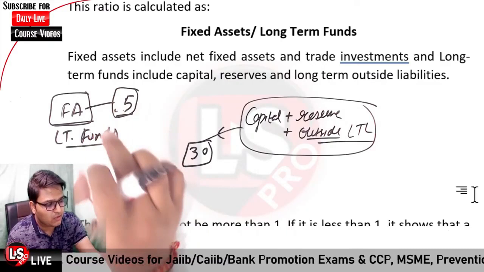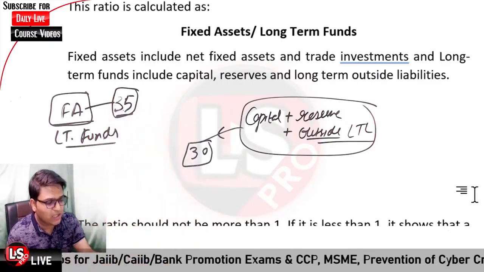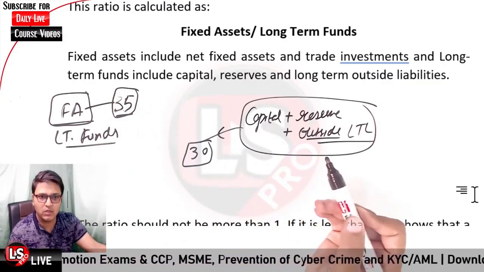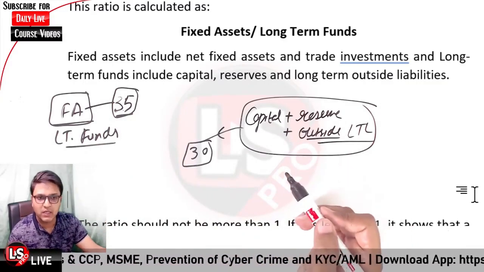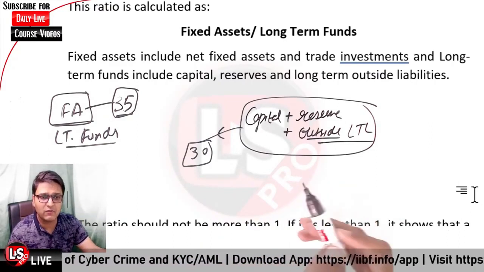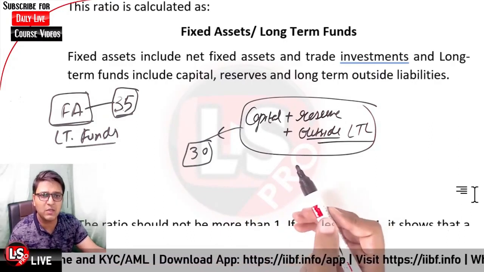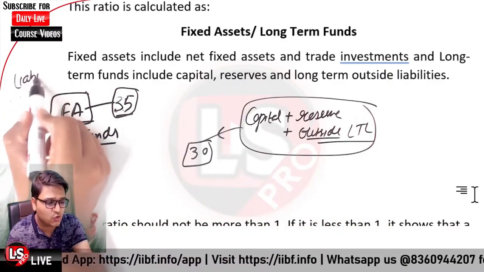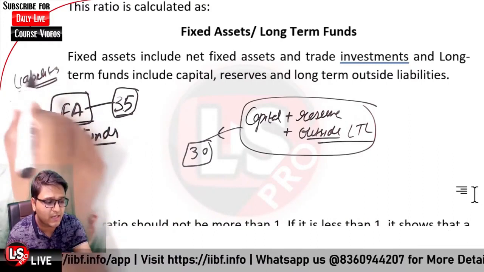What if fixed assets are equal to 35 and you have long-term funds of 30? What does it mean? It means that you have consumed your short-term liabilities, because we know that liabilities are the sources out of which you create the assets.